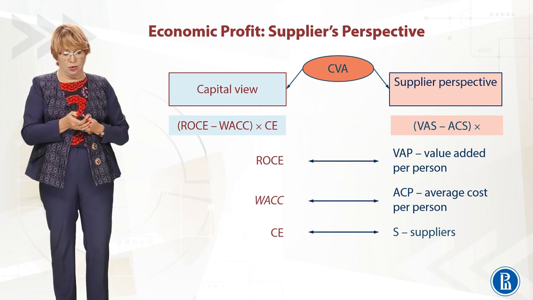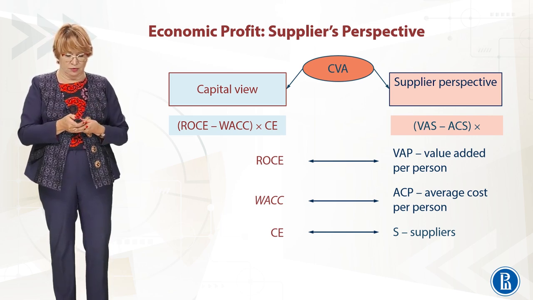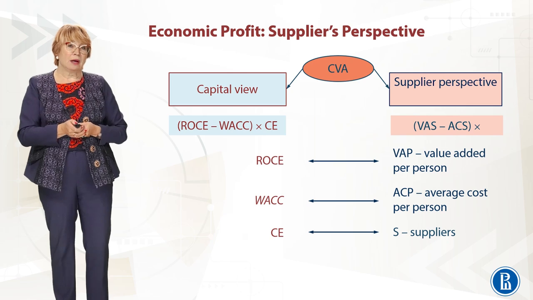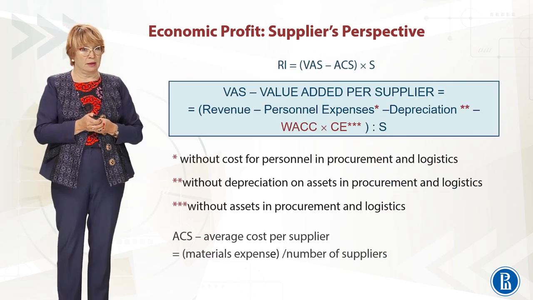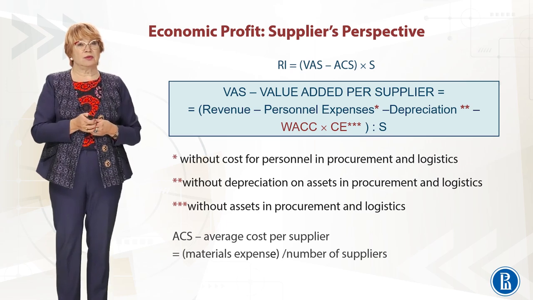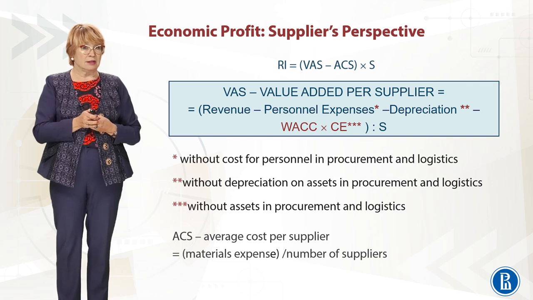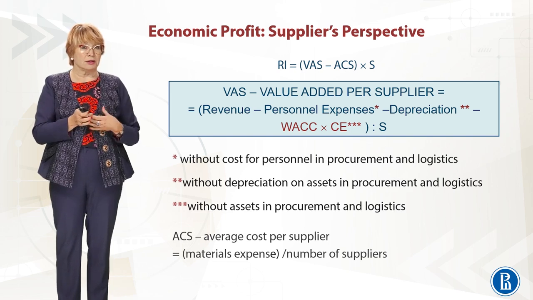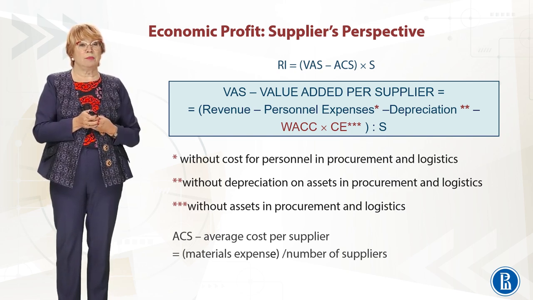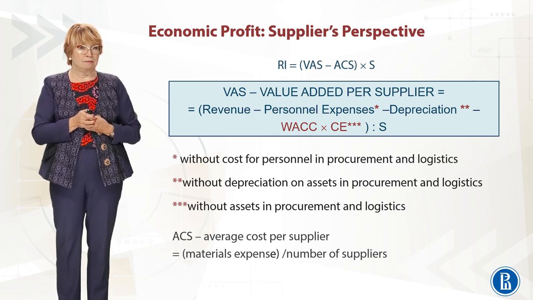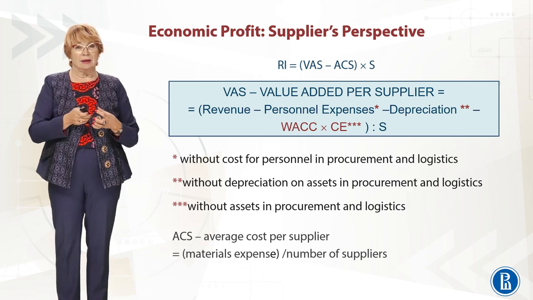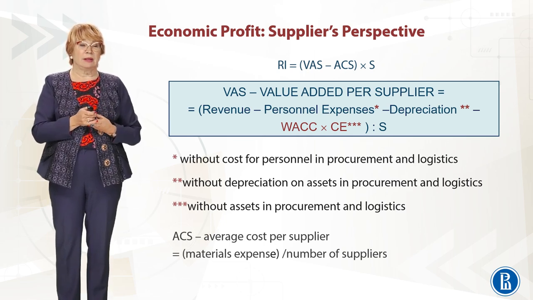And doing so, you will get an additional representation of the economic profit idea. So value added per supplier again starts with the sales revenue, of course, minus all personnel expenses, but excluding cost for the personnel involved in procurement and in logistics, in all these functions to stay in communications with the supplier.